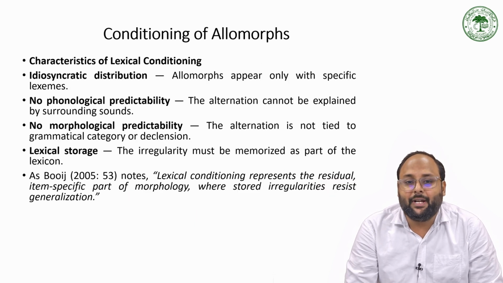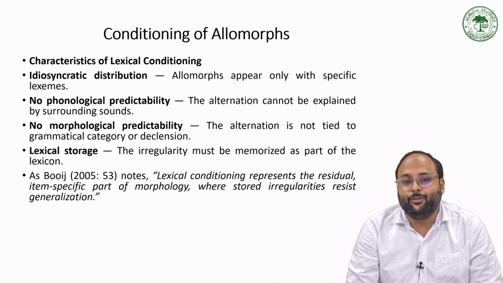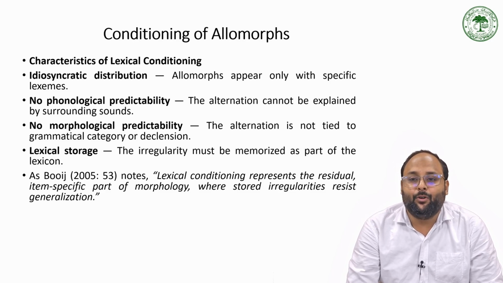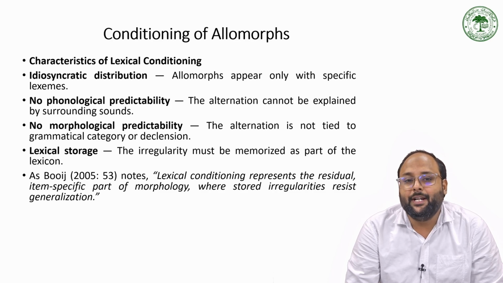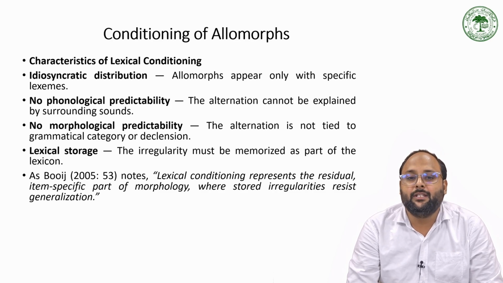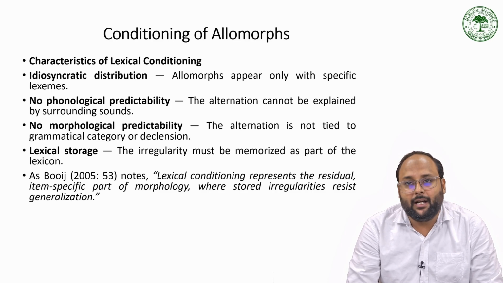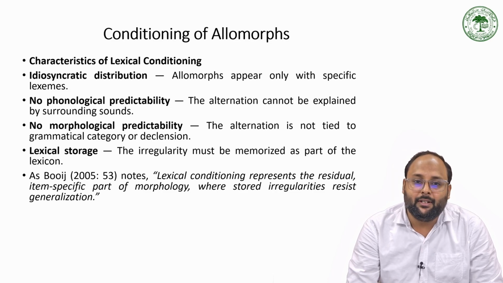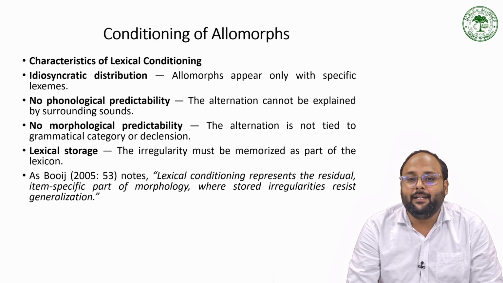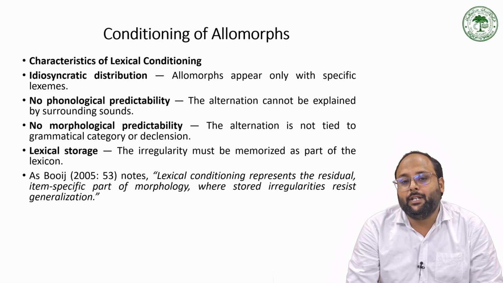Now we have some characteristics of lexical conditioning. First is the idiosyncratic distribution. That means an allomorph appears only with a specific lexeme. Idiosyncratic distribution means it is unique in its occurrence. There is no regular pattern. The second characteristic is no phonological predictability.